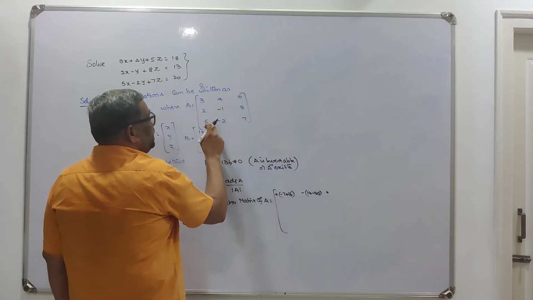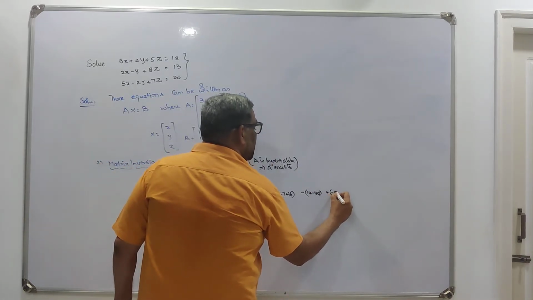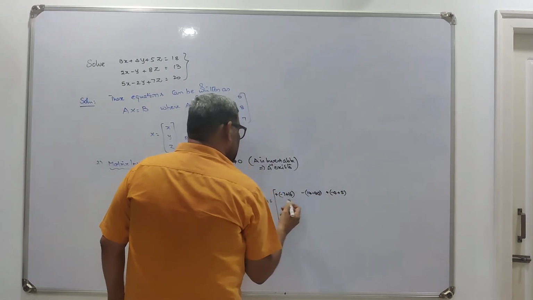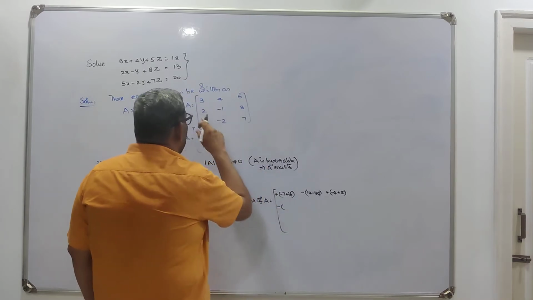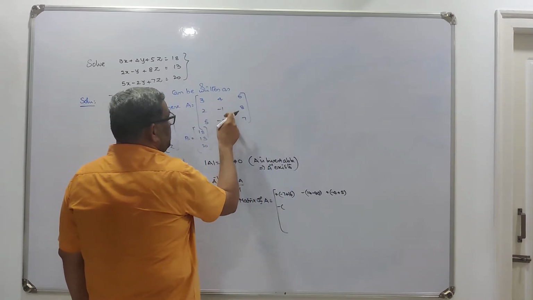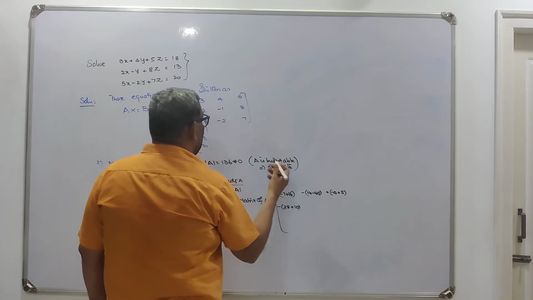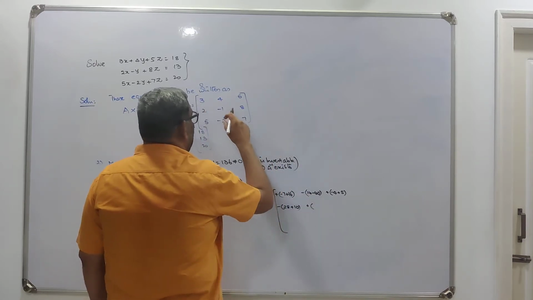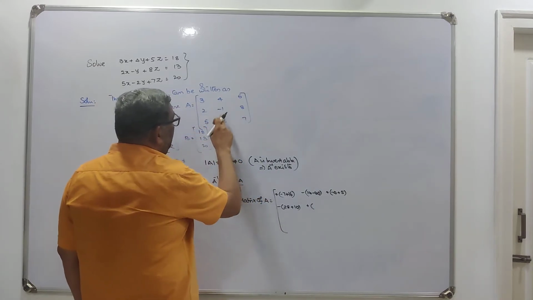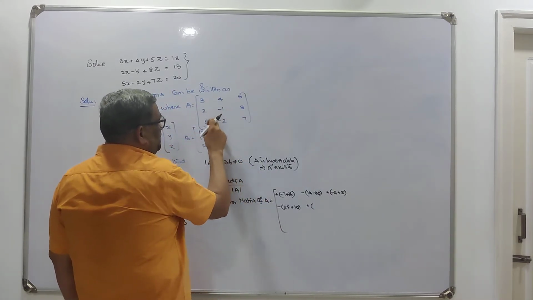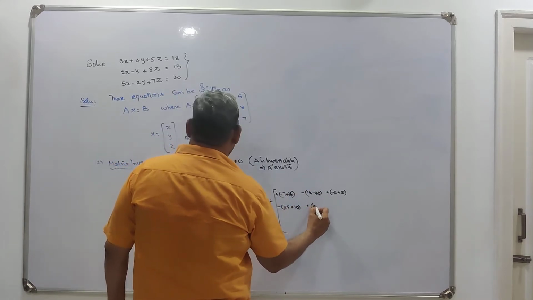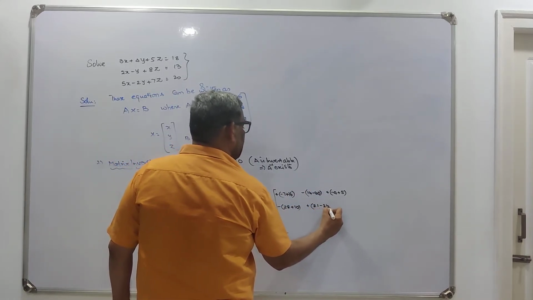Next, plus. Cofactor, minus 4 plus 5. Minus for this element, 28 plus 10. Next, plus. The cofactor of this element, this must be deleted: 21 minus 25.